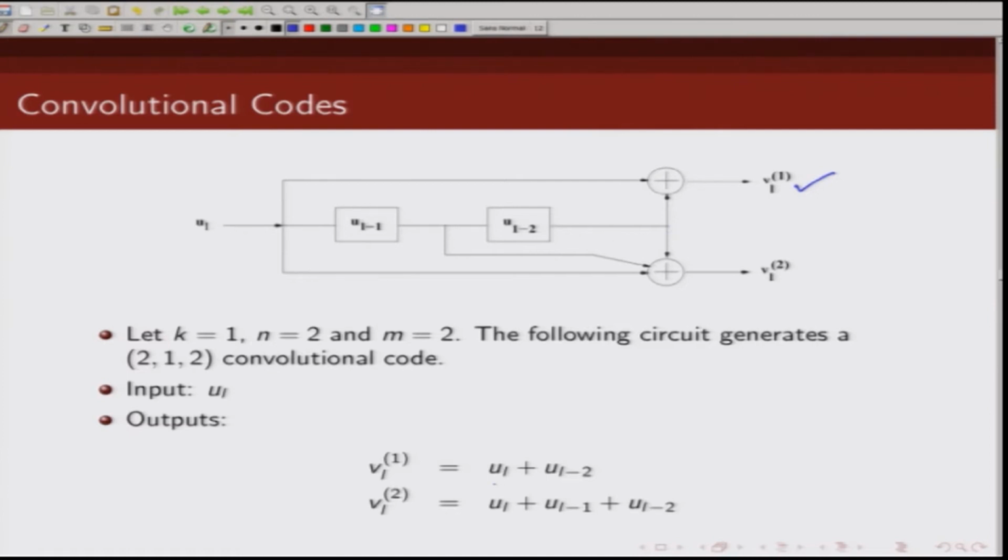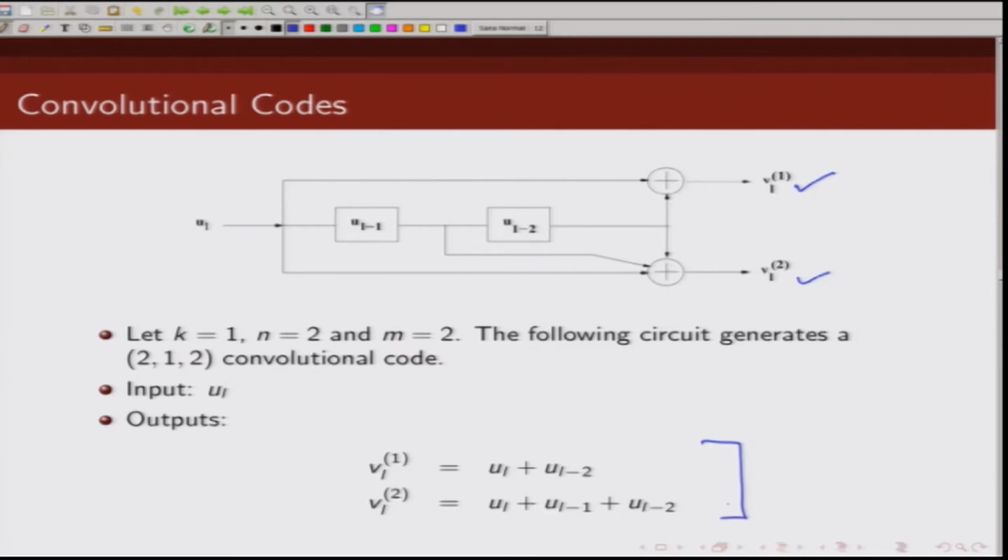So, in other words, it depends on the current input and the past two input values. Similarly, this one depends on the current input, one past input, and this U_{l-2}.